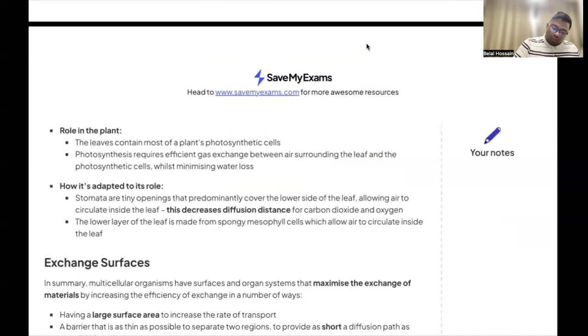So, role in the plant. The leaves contain most of the plant's photosynthetic cells. Okay. And since those plant cells require a lot of CO2, don't consider that they need a lot of oxygen. Oxygen is a waste product of photosynthesis. Plants only need a small quantity of extra oxygen at night, when they don't produce it.